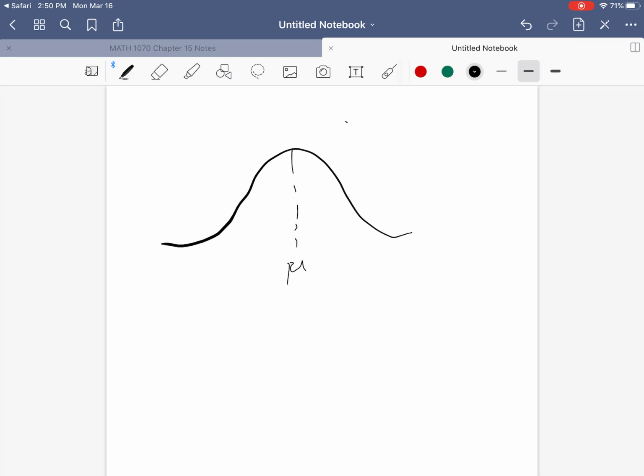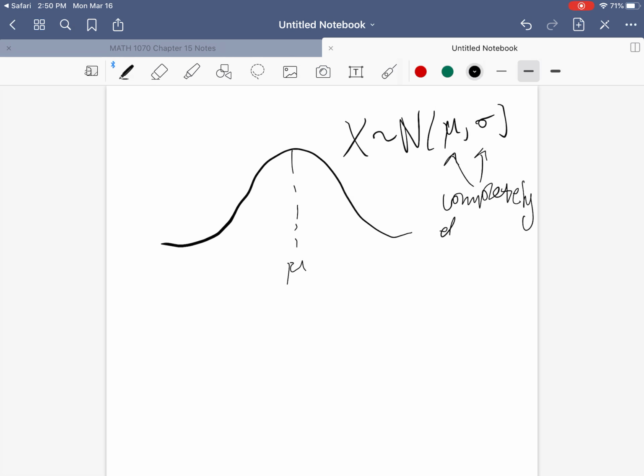That is, we've been dealing with random variables distributed as N(mu, sigma), where mu and sigma completely determine our distribution.